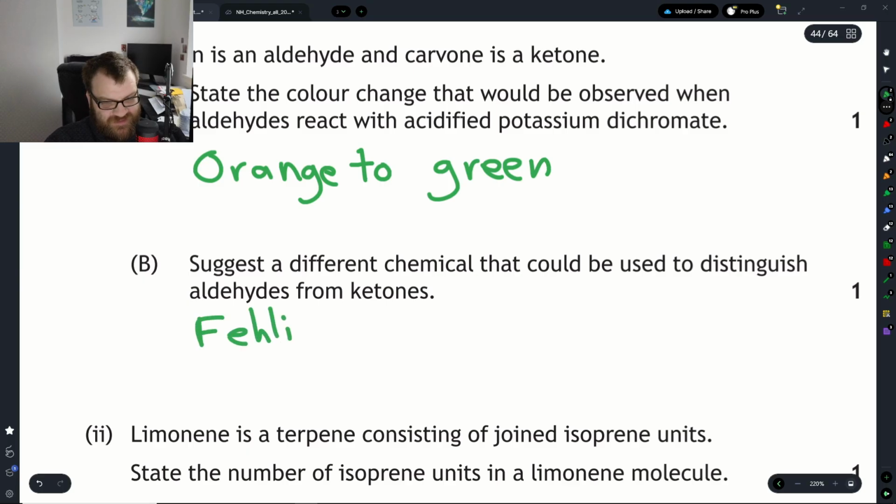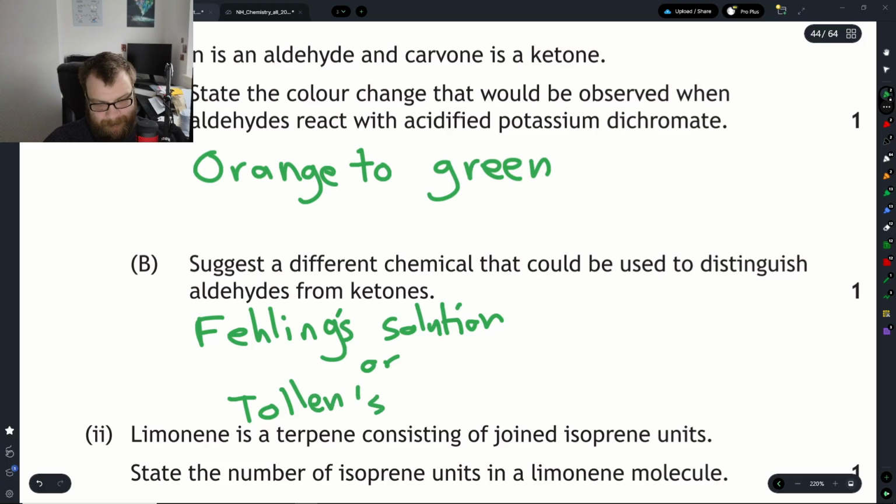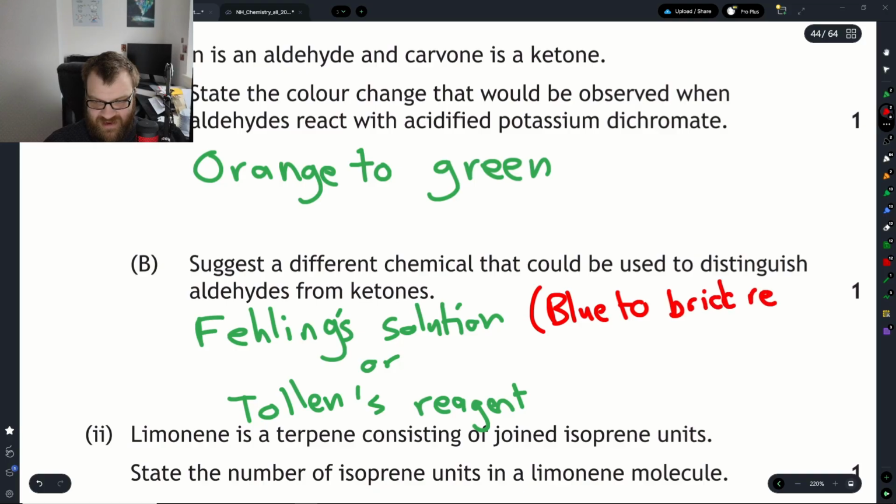There's Fehling's solution. Other option would be Tollens' reagent. In terms of the colour changes, not needed for this question, but Fehling's goes from blue to, as my teacher back in the day told us, brick red, reddy orange, orangey red. Something to do with that would work. And the other one forms a silver mirror.